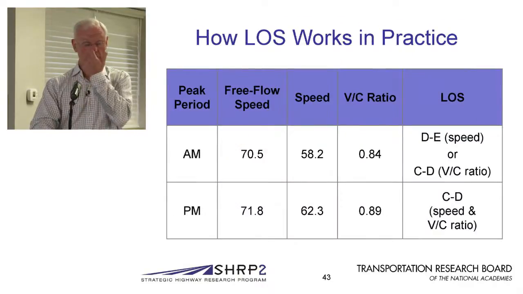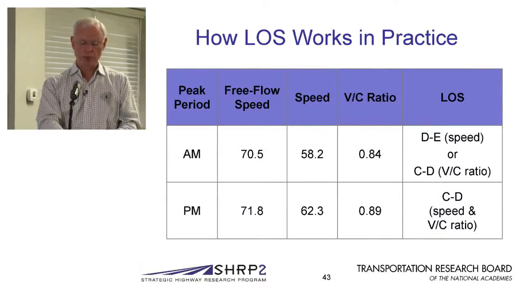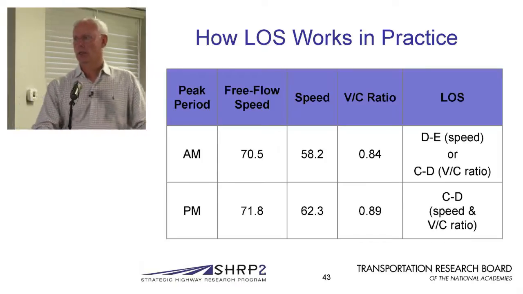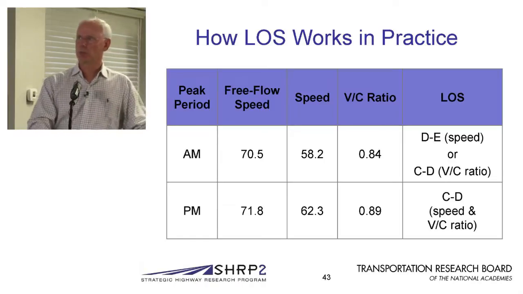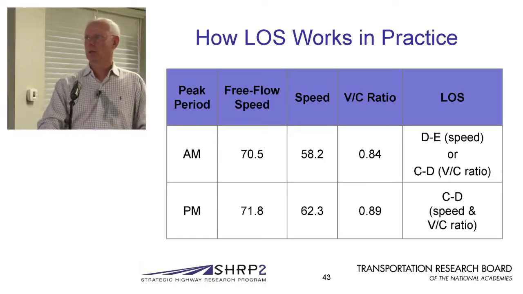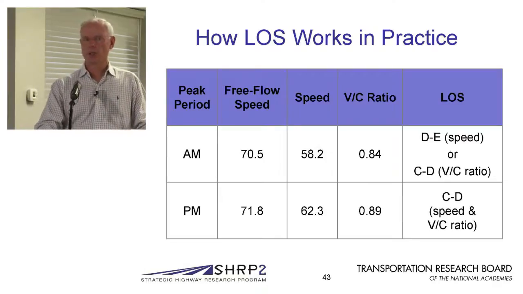But there are also occasions, and this is real data taken from an actual freeway facility. You'll see in the bottom, you look at the speed, you look at the volume to capacity ratio, and they sync up.